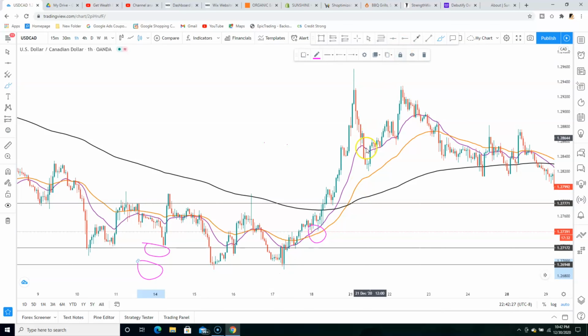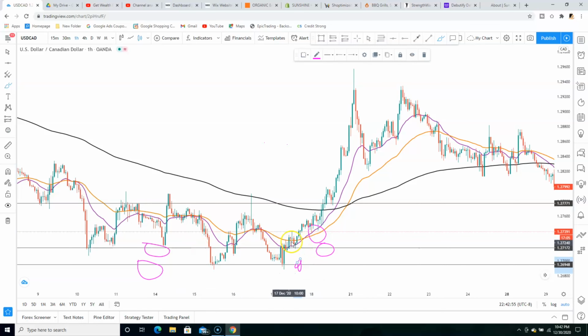But over here, it became our resistance. Now we can see that price rejected the support zone over here. Price rejected the support zone right there. So what do you do? You just wait to see if price is going to reject this zone right here, which became our resistance.